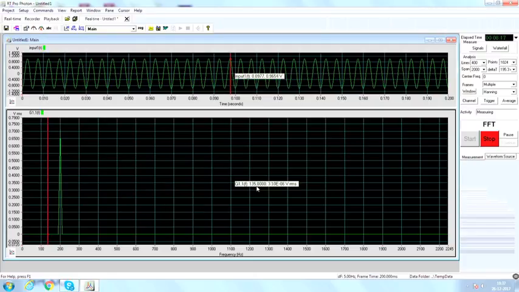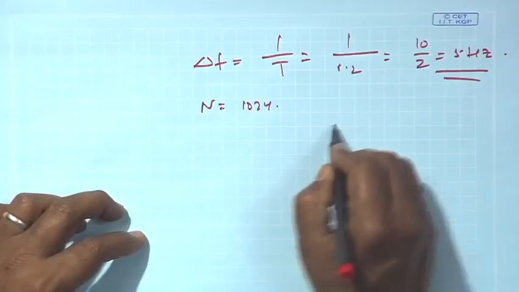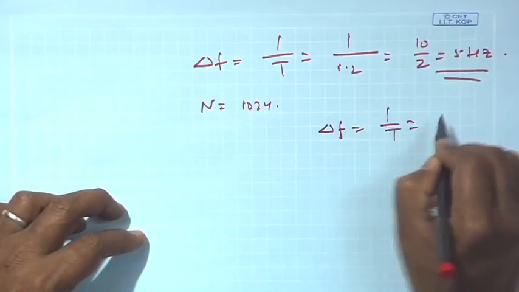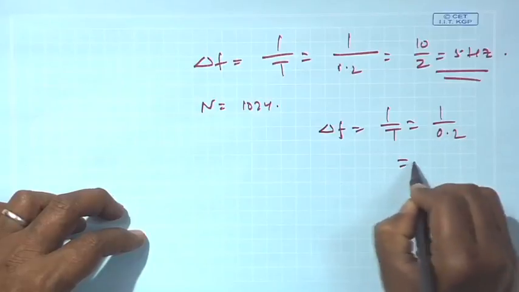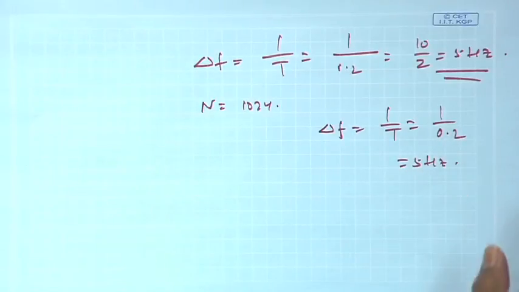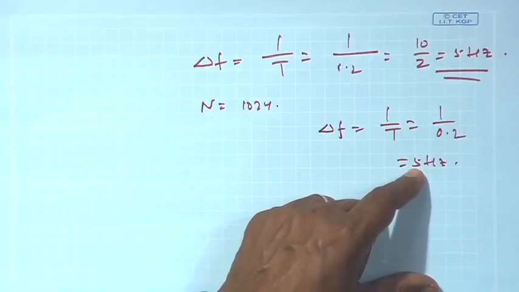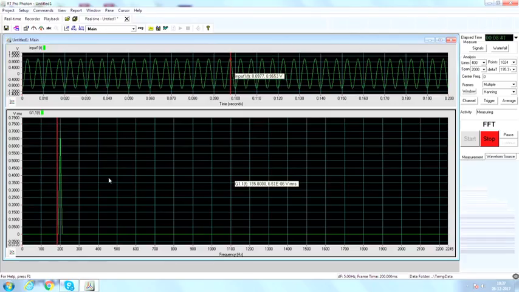So, every 5 hertz, okay, I have delta f equal to 5 hertz as per this equation here. Delta f is 1 by T, 1 by 0.2, that is 5 hertz. Okay. I can improve, and of course, let me go back to 200 hertz here.